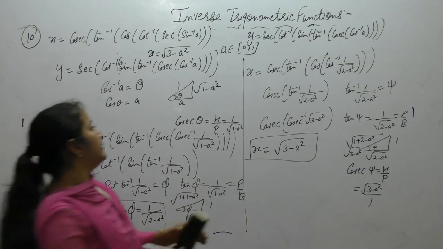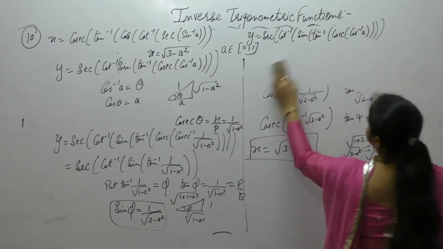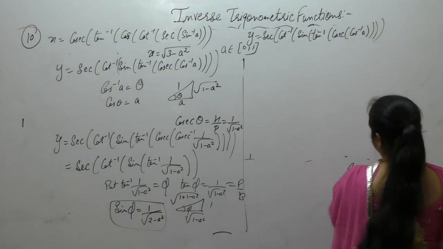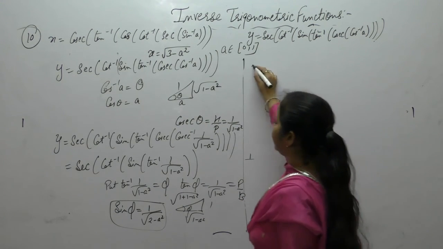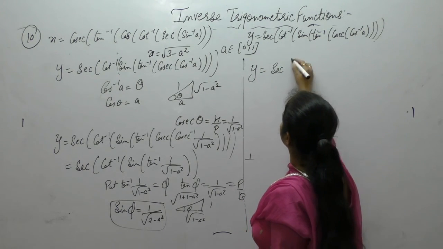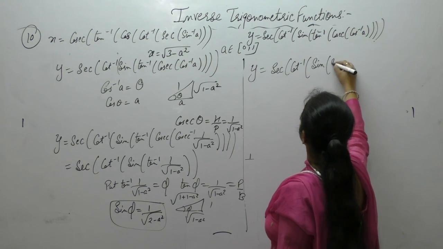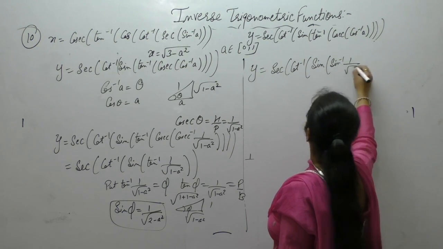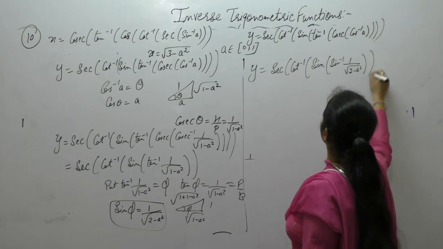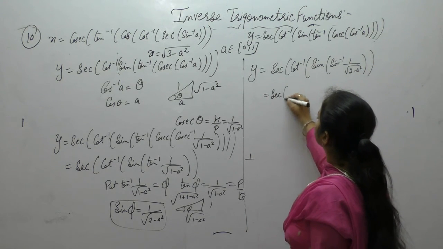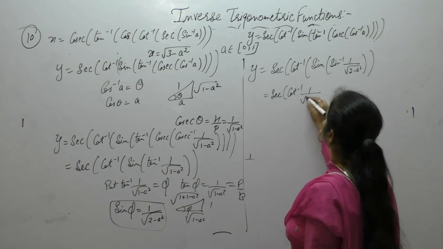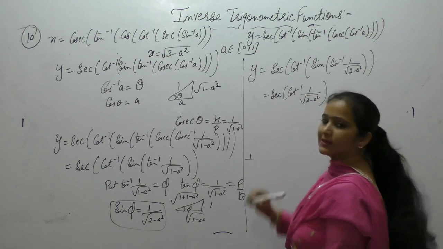Use this value. So we get y as sec cot inverse sine, and this is sine inverse 1 upon root 2 minus A square. So sec cot inverse 1 upon root 2 minus A square.